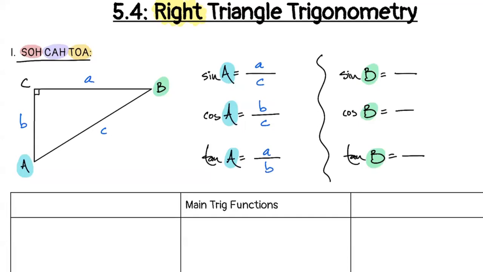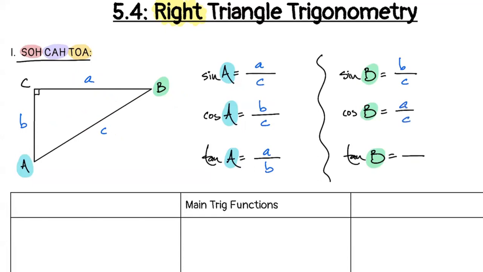All right, so let's see. If we have angle B, the opposite side is lowercase b and the hypotenuse is c. So b over c. Okay, that looks good. Cosine of b is going to be the adjacent over the hypotenuse, so a over c, I agree with that.